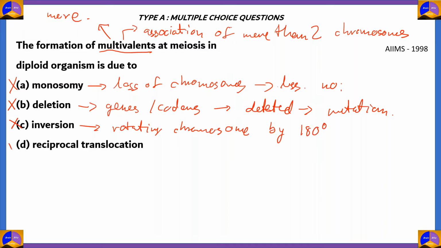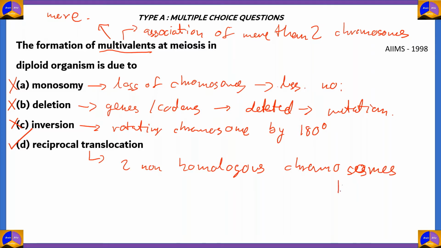The right answer is option D, reciprocal translocation. So over here, two non-homologous chromosomes, so these are non-identical chromosomes, what they do is they exchange segments which ensures duplication.